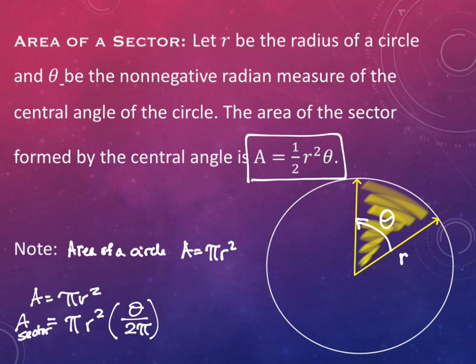And if I replaced the theta right there with 2 pi, I would end up with the formula that we have for an area of a circle. And then things reduce, right? This pi is going to cancel out. And I'm going to be left with the angle theta and the r squared that are coming about from here. Now, here's the 2 that still remains to get the 1/2. So things just fall out. It's just coming from the area of a circle and doing a ratio of the area. That's what's happening.